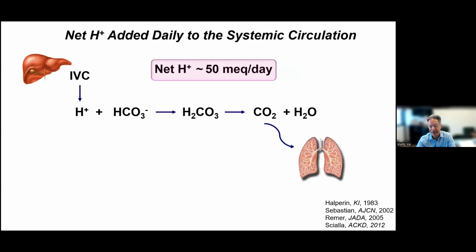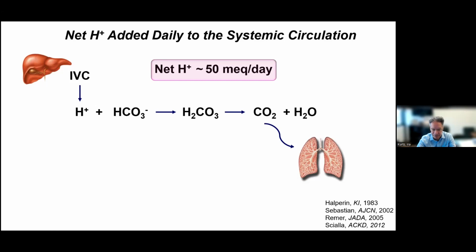The other thing the kidney has to do is counter this problem: every day in our diets, we make protons. The liver makes hydrochloric and sulfuric acid, around 50 millimoles a day, and pours it into the hepatic vein. It's as if you had started a hydrochloric acid drip. You're doing it right now when you're eating 3 times a day. Your liver is pumping acid into the hepatic vein.